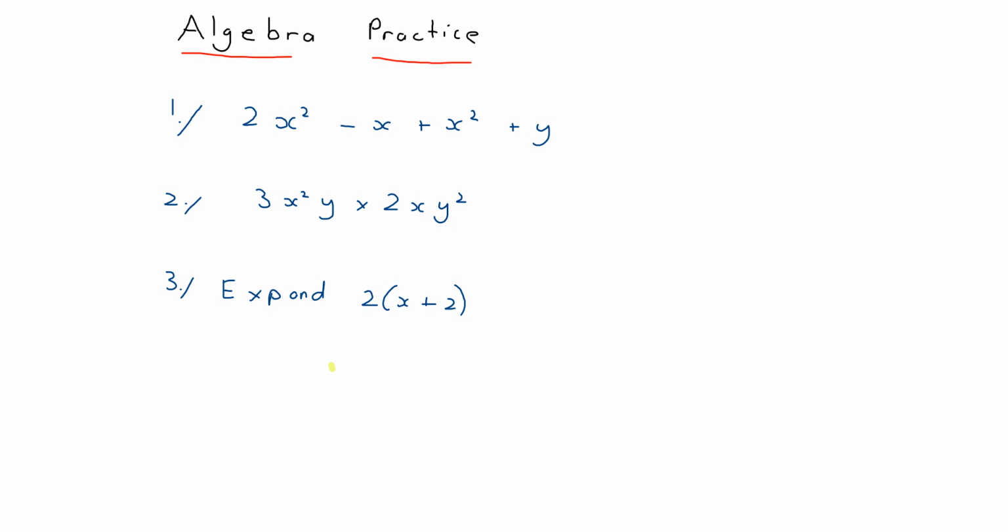So the big thing here is 2x squared and x squared. We call these like terms, okay? So I've got 3 lots of x squared for my list, minus x because there's a minus x here, and plus y because there's a plus y there.